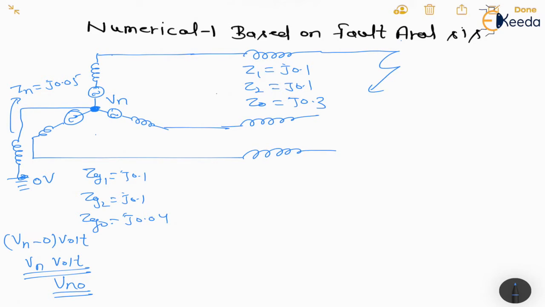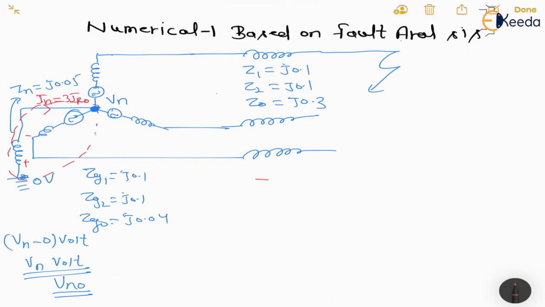So if I want to calculate this Vn0, then we know that this will be In, and this will be equal to 3 into IR0. The current is moving upward through this inductor, so the plus minus sign will look like this, and now we can apply KVL like this.